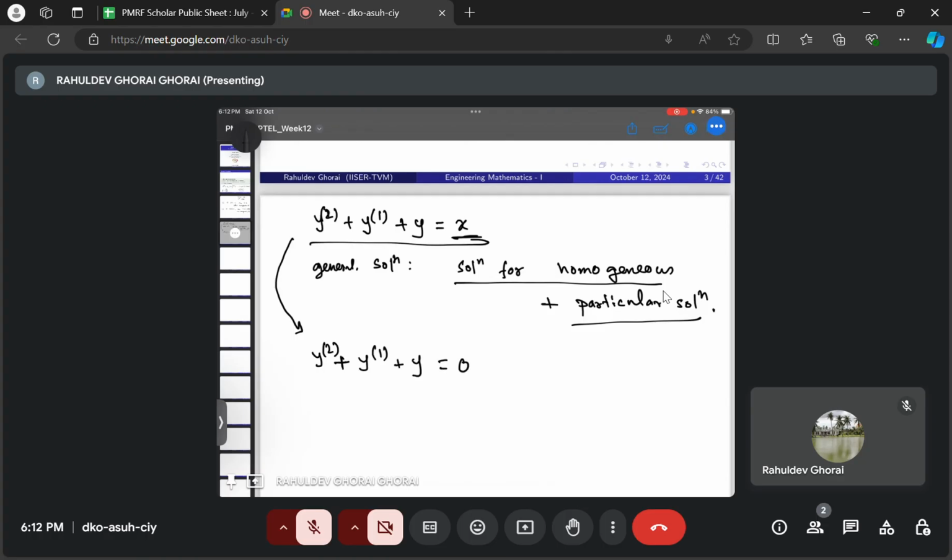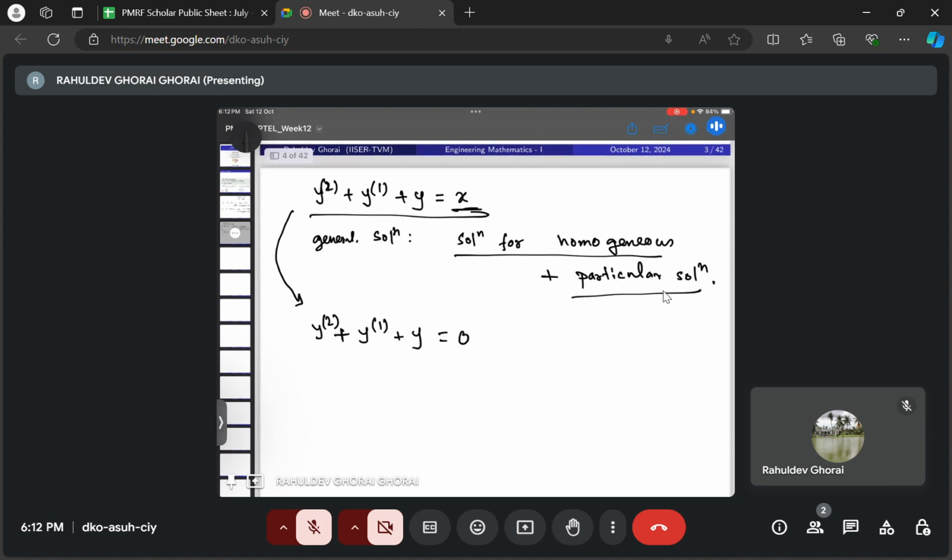This is the corresponding homogeneous equation. Then the procedure we follow is m square plus m plus 1 is equal to 0. This comes from assuming a solution of the type y is equal to a e to the power mx. Then you find the values of m.